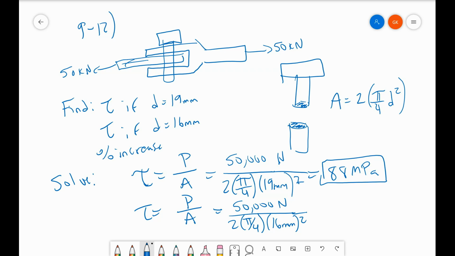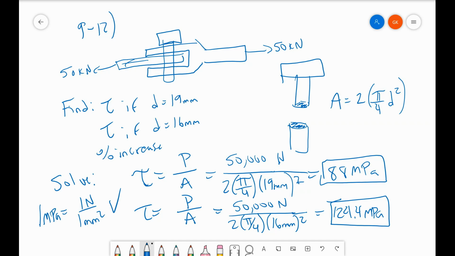And just like last time, the stress is equal to 124.4 megapascals. And just in case you haven't seen it yet, to get straight from newtons and millimeters squared to megapascals, 1 megapascal is equal to 1 newton over 1 millimeter squared. This is extremely helpful, so use this to your advantage.